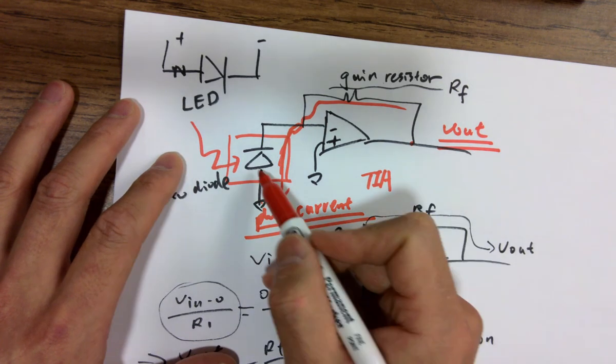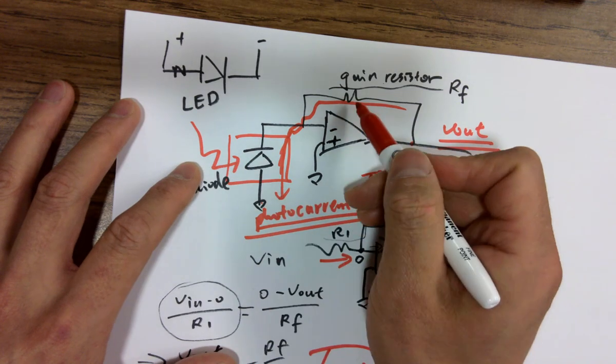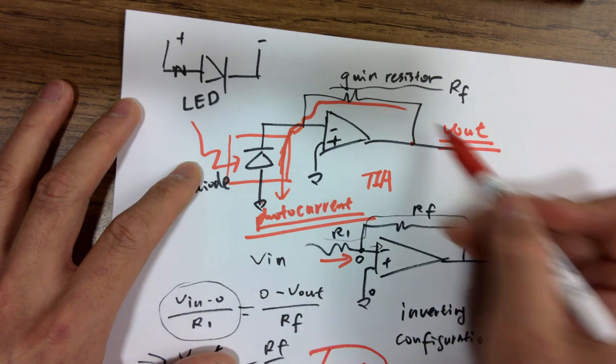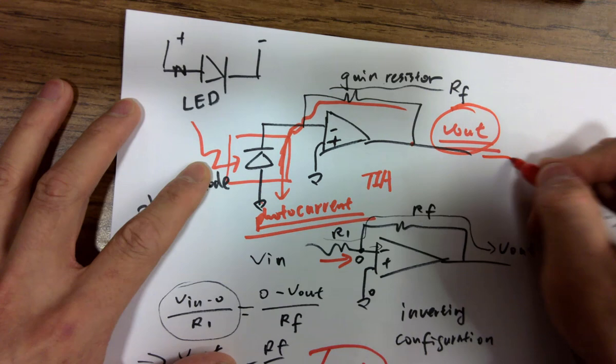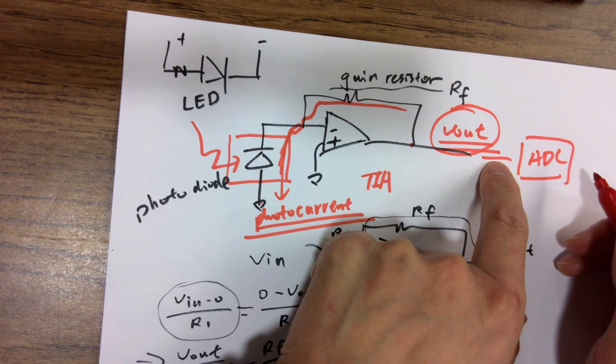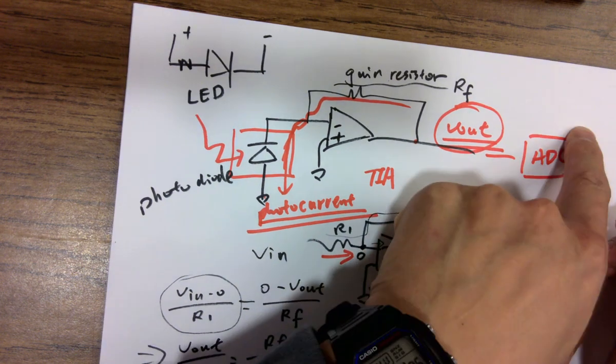So a stronger light will give you a larger photocurrent, which results in a larger voltage drop, or a larger voltage. And then you connect this to an ADC, right? Analog to digital converter, and that voltage will result in a larger digital value.